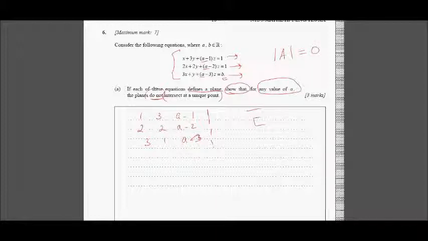But here it is do not intersect, therefore it is equal to 0. So if you just say that the determinant is equal to 0, you might get a mark because it's the method that you are going to use. But now you are not going to use the augmented matrix. You're not going to use this part, so this is just this one, and you need to prove that this is equal to 0.